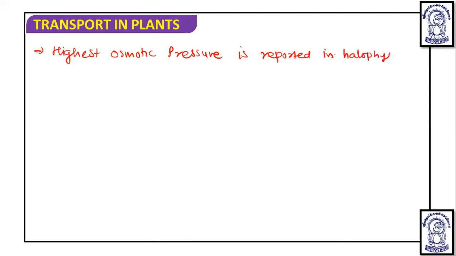One more important point you should remember: the highest osmotic pressure is reported in the halophytic plant Atriplex convertifolia.